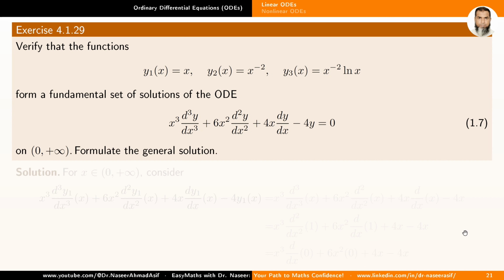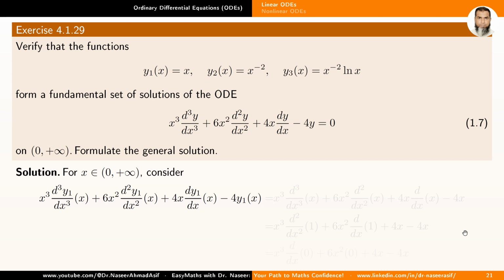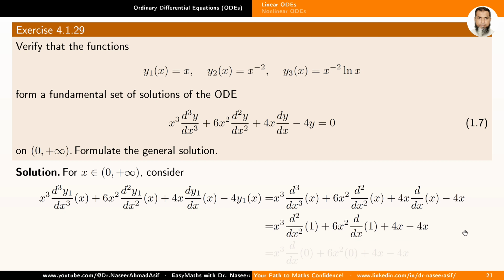For x belonging to the open interval 0 to plus infinity, consider x cubed d3y1/dx cubed of x plus 6x squared d2y1/dx squared of x plus 4x dy1/dx of x minus 4y1 of x, which is equal to x cubed d3/dx cubed of x plus 6x squared d2/dx squared of x plus 4x d/dx of x minus 4x, which is equal to x cubed d2/dx squared of 1 plus 6x squared d/dx of 1 plus 4x minus 4x, which is equal to x cubed d/dx of 0 plus 6x squared into 0 plus 4x minus 4x.